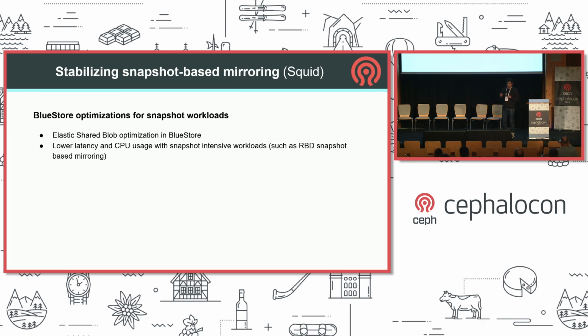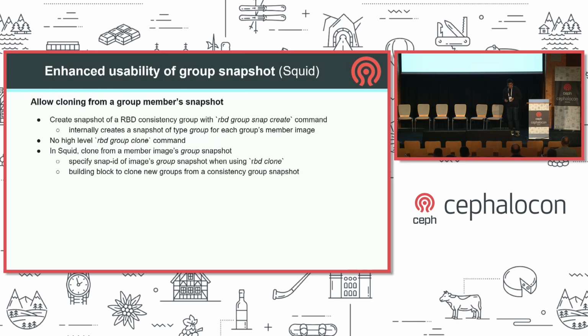When investigating, we identified the OSDs were spending a lot of CPU cycles on snap trimming. So changes were made to BlueStore to make sure that this doesn't happen, or at least reduce it. That helped with lowering the latency of OSD requests, and it helped with the overall setup.